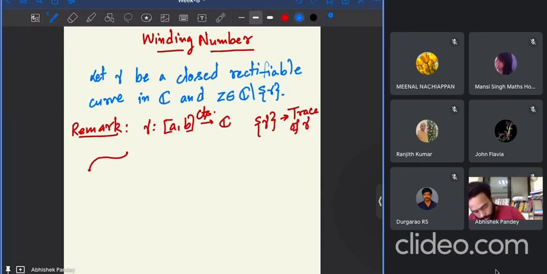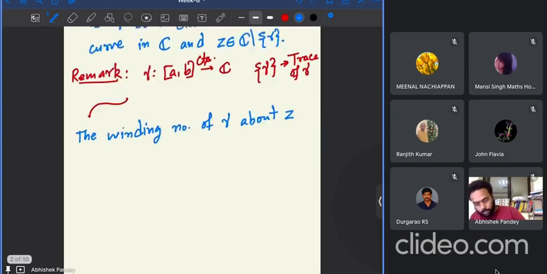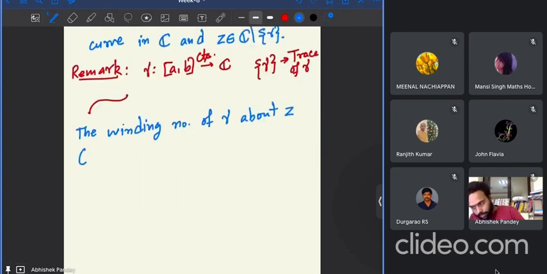So the winding number of gamma about this point z is also known as the index of gamma with respect to z.